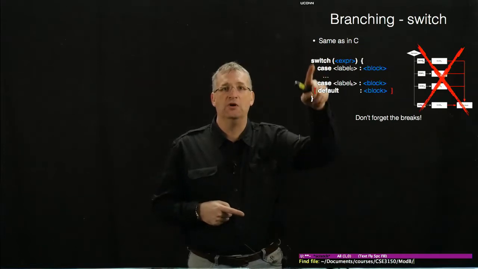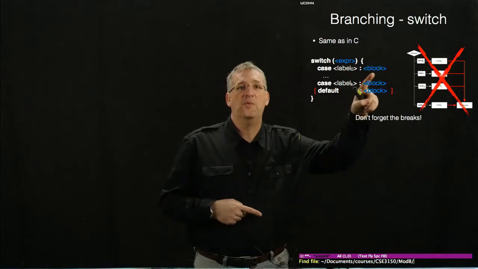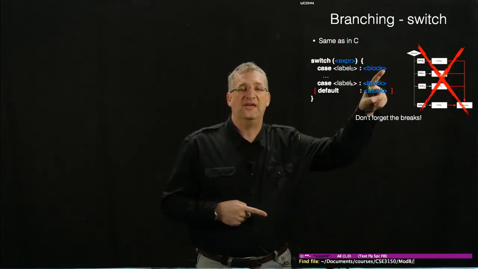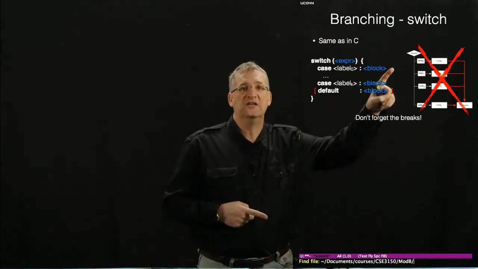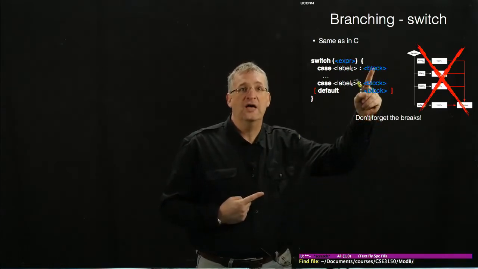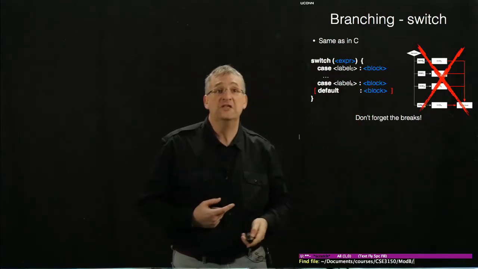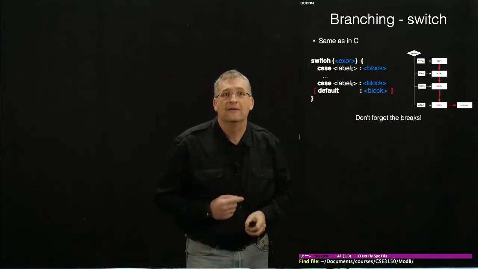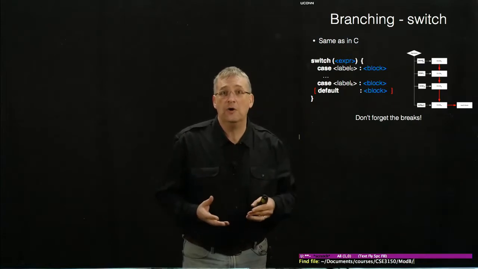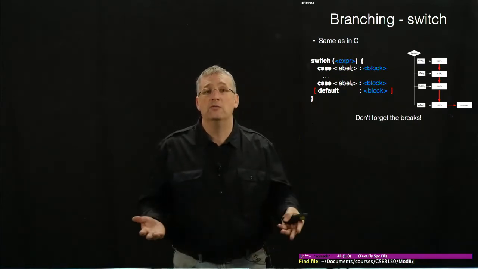Which means if you're inside the switch and the case label 0 applies, you want to do that block and then nothing else, so you have to have a break statement here to go to this place next. Otherwise, you go on in sequence, and from this block you would be executing this one, and that one, and that one. Which means that when you terminate a block, you automatically enter the next block in the sequence.